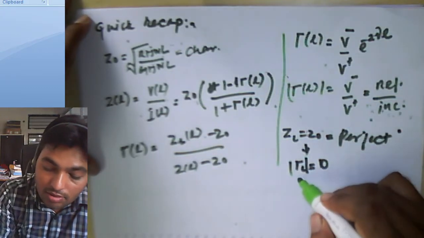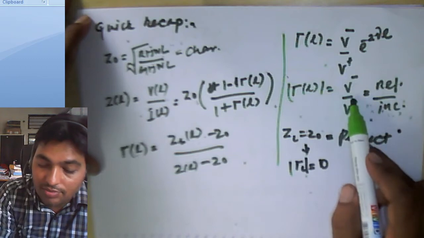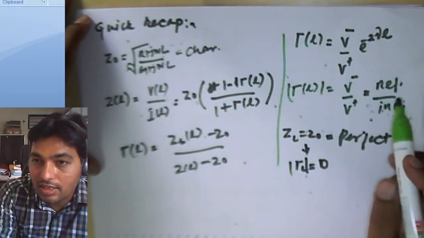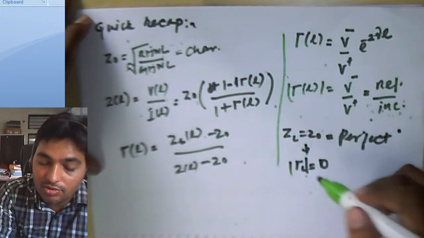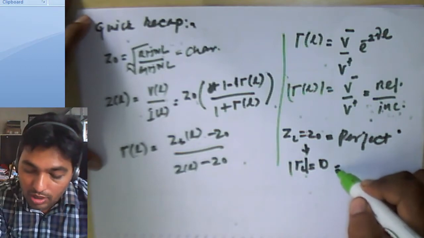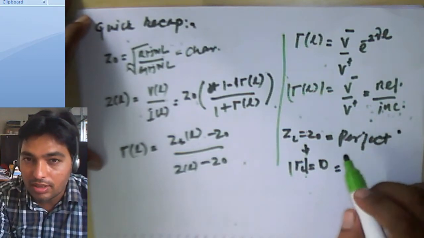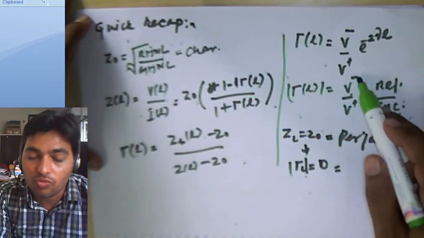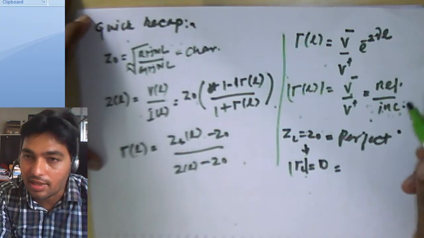The 0 reflection coefficient means V minus, or you can say reflected voltage, is equal to 0. It means whatever we are feeding at the input, everything is delivered to the load, nothing is reflected back. There is no V minus component in the transmission line.